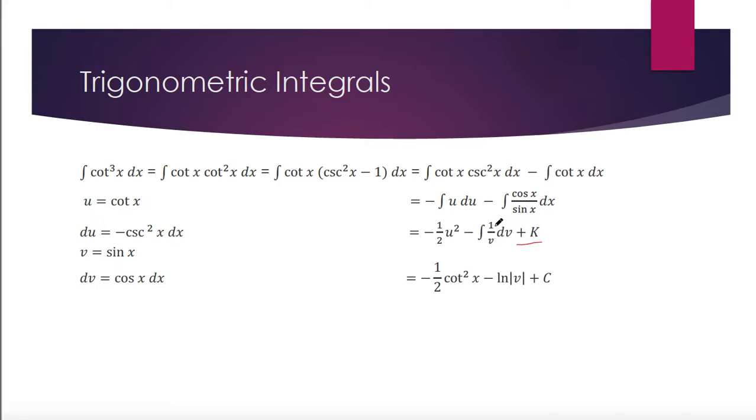We know that the antiderivative of 1 over v is exactly ln of absolute value of v. Absolute value must be used because the input of the logarithm can never be negative. It must be positive, so there will be absolute value bars like this. So the antiderivative for the second integral becomes minus ln of absolute value v.